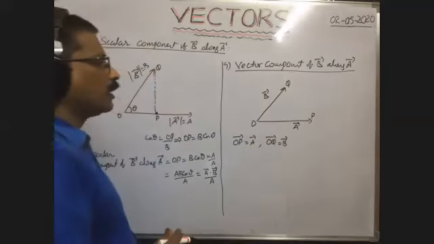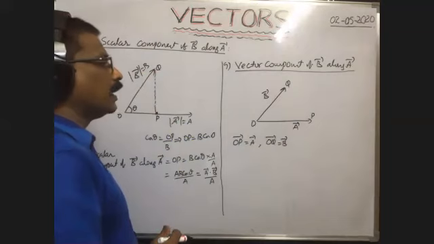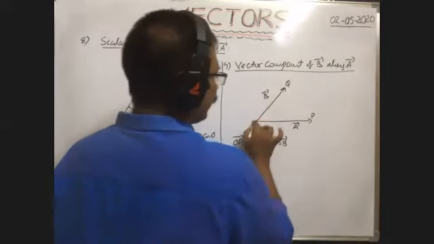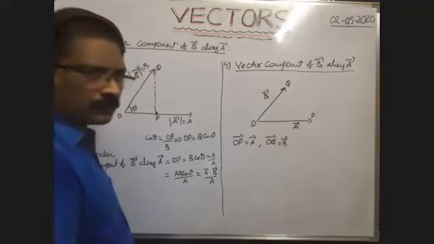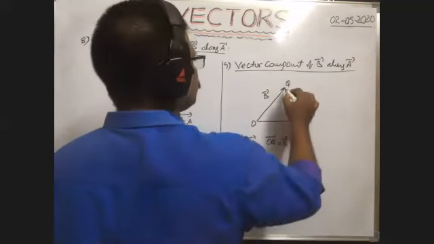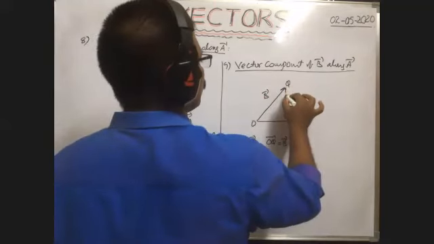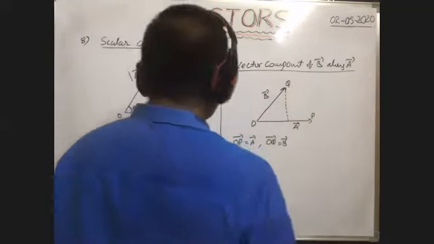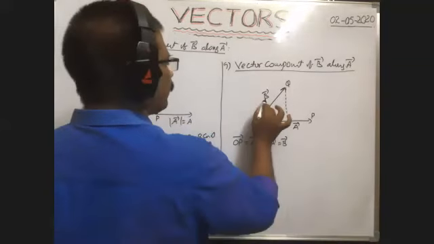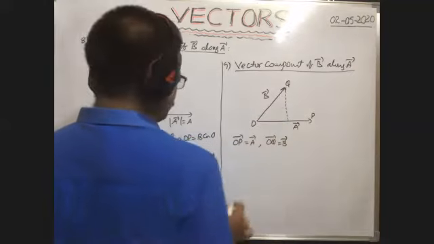We need the vector component of b bar along a bar. That means we have to find the component of this vector along this direction.